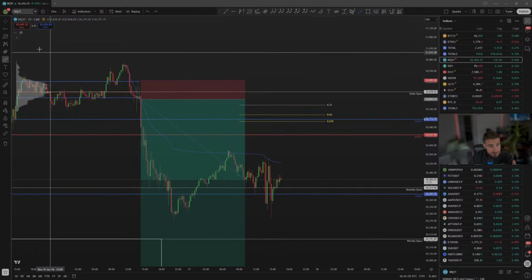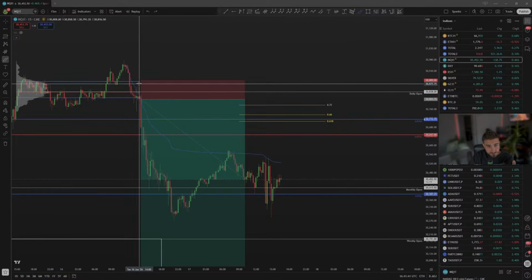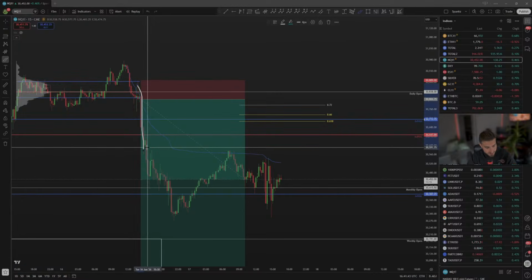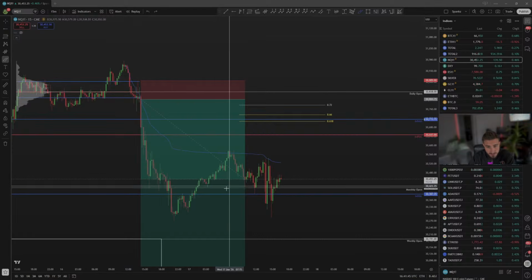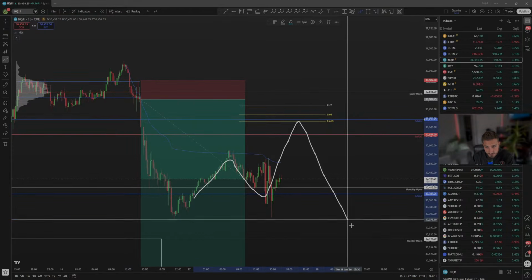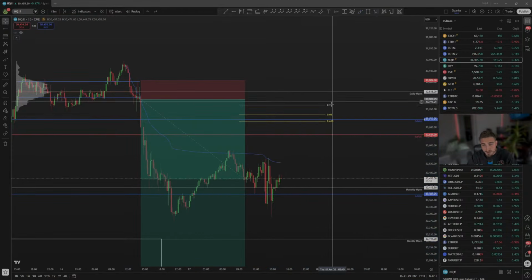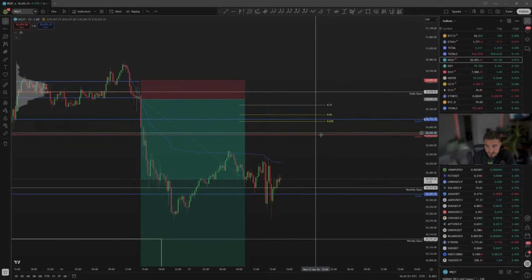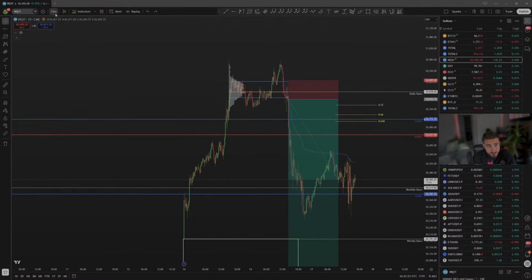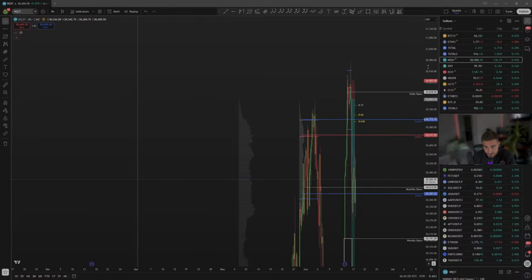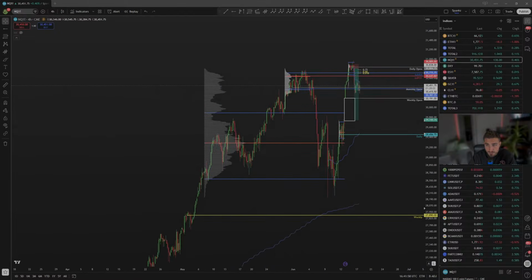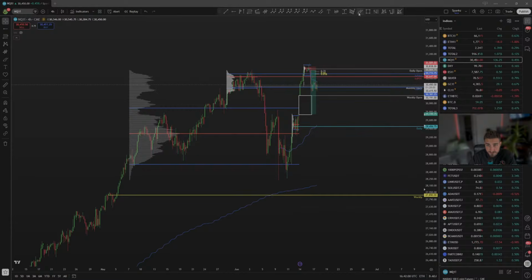Again, though, from a short perspective, right? We've had this major kind of inconsistency, this punch down. I wouldn't be surprised if we get a move back up before we kind of come down into this. So you have 61866, the 6-day value area high. However, again, higher time frame to lower time frame confluence, right? What are we doing from a higher time frame perspective?